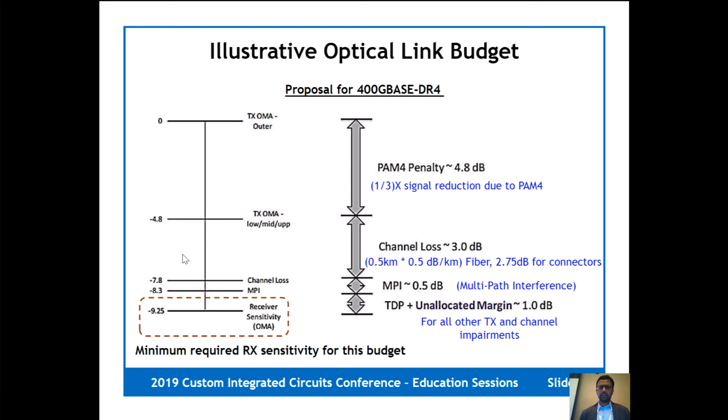Compared to the COM analysis on the electrical side, it's relatively more straightforward. Depending on the complexity of the link, whether it is wavelength division multiplexing or so forth, the number of components may be different, but the method itself remains the same.